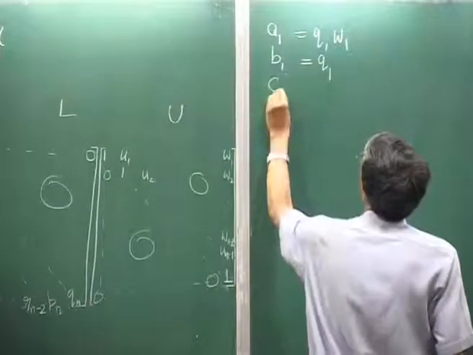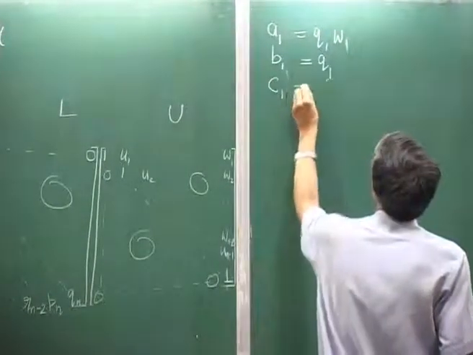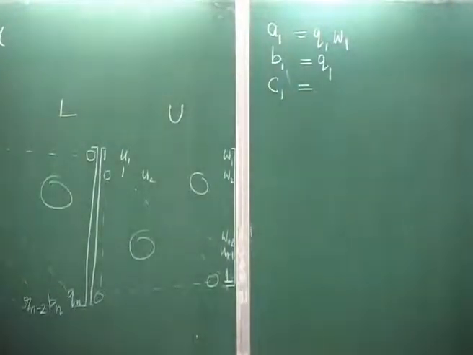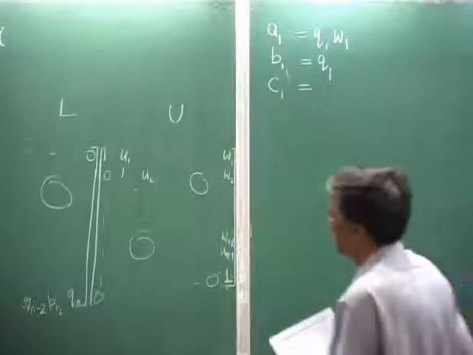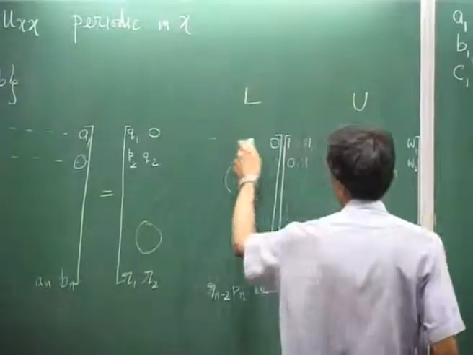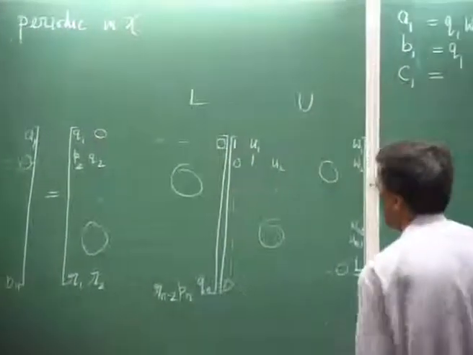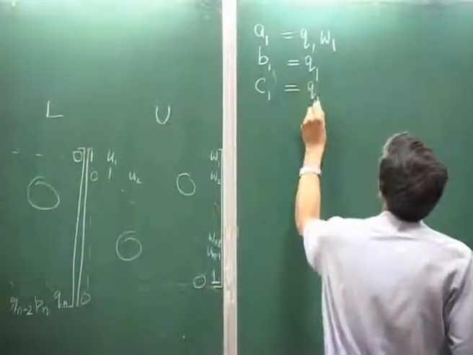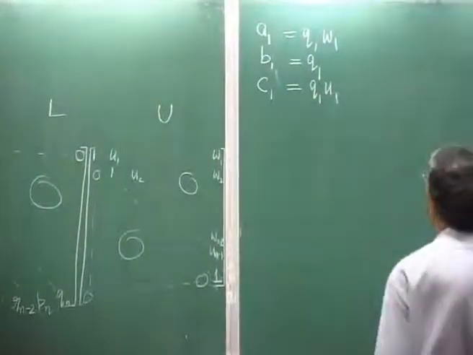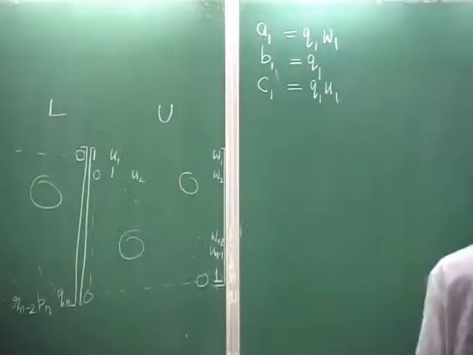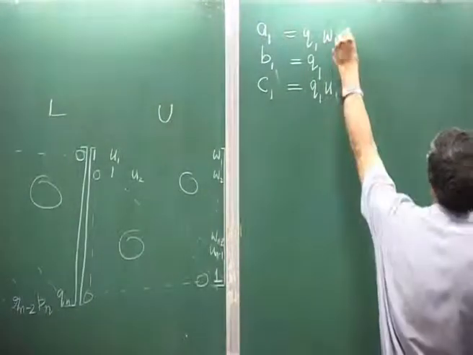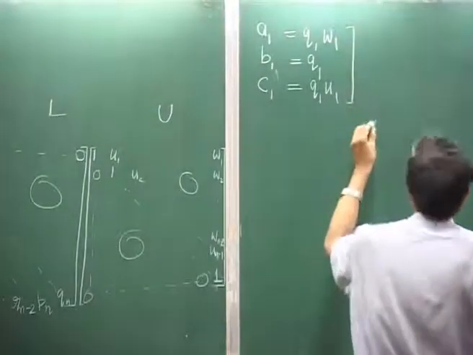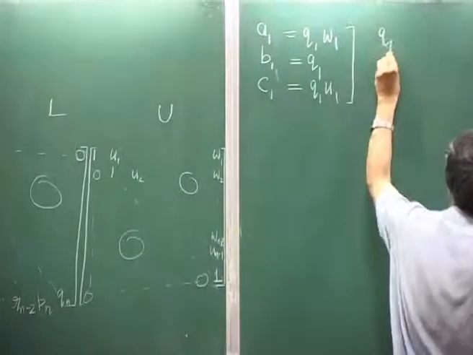And similarly, we could write C 1 would be nothing but the first row with the second column, right. So, that should give us Q 1 into U 1. So, this basically helps you in what you are looking for.